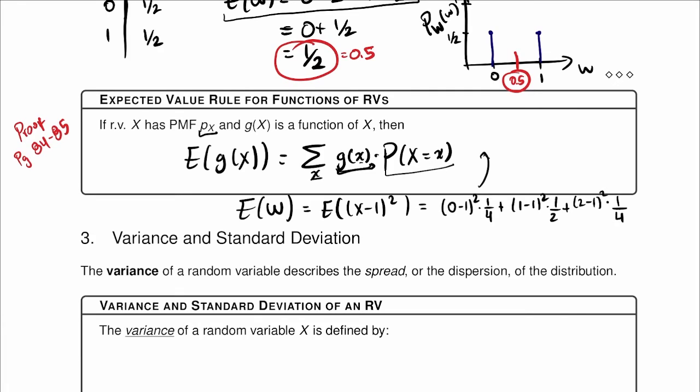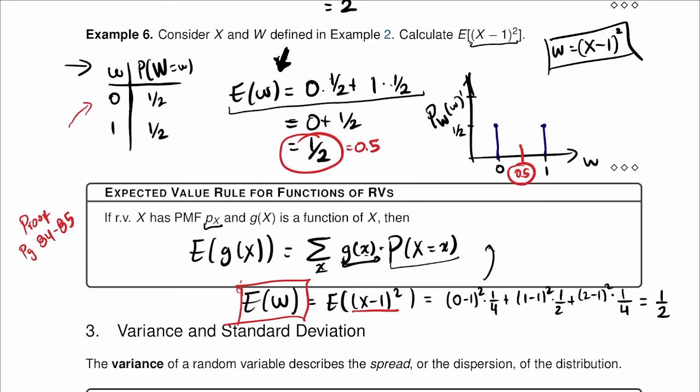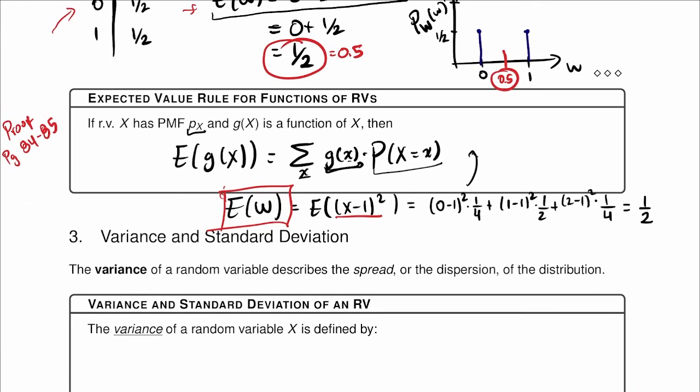And if we calculate this, it is going to be 1/2. So the expected value of W, that is the transformation (X - 1) squared, we can either do the transformation and calculate the expected value using the formula like this, or we can use the formula for functions of random variables like this, and we have the same result in both cases.